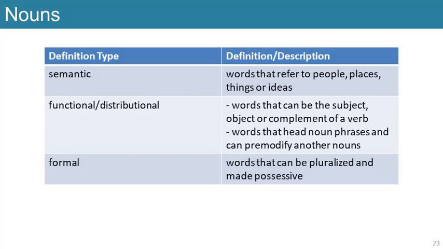Finally, nouns can be defined formally as words that can be pluralized, usually by adding an s, and made possessive with an apostrophe plus s in the singular. No grammarians dispute nouns as a word class, but some include the personal pronouns as a subset of nouns, as their function and distribution is identical.